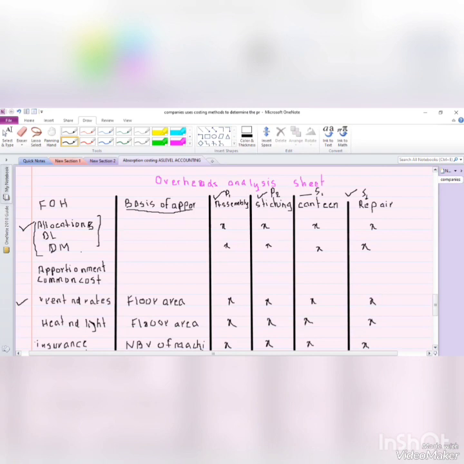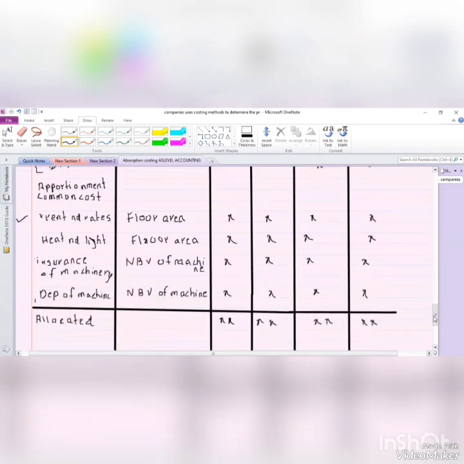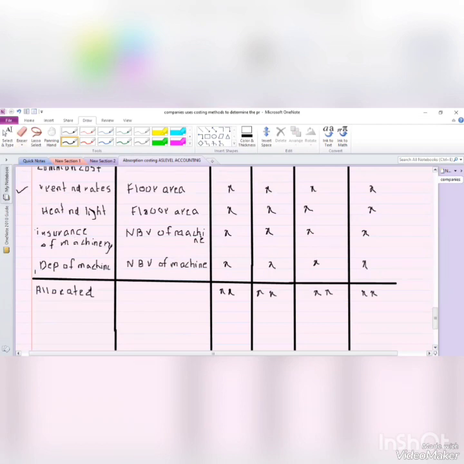We add direct labor and direct material to the different apportioned overheads.